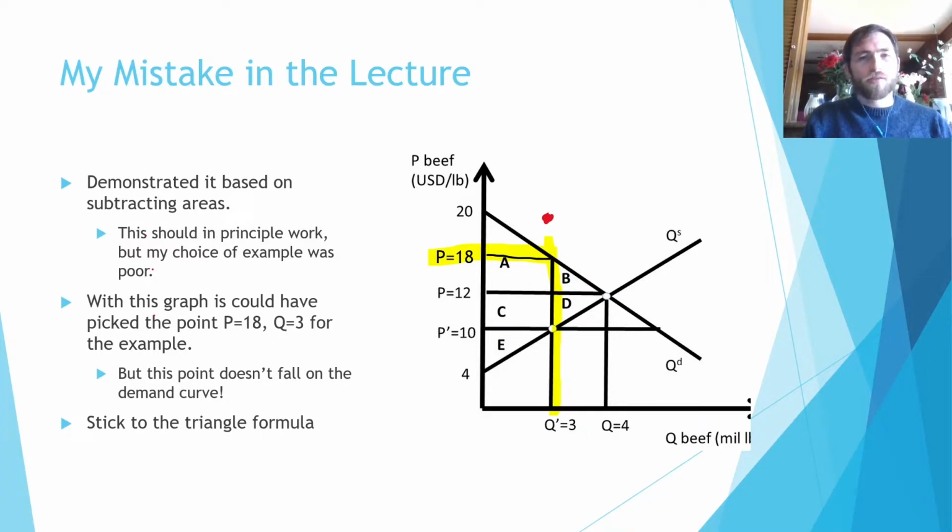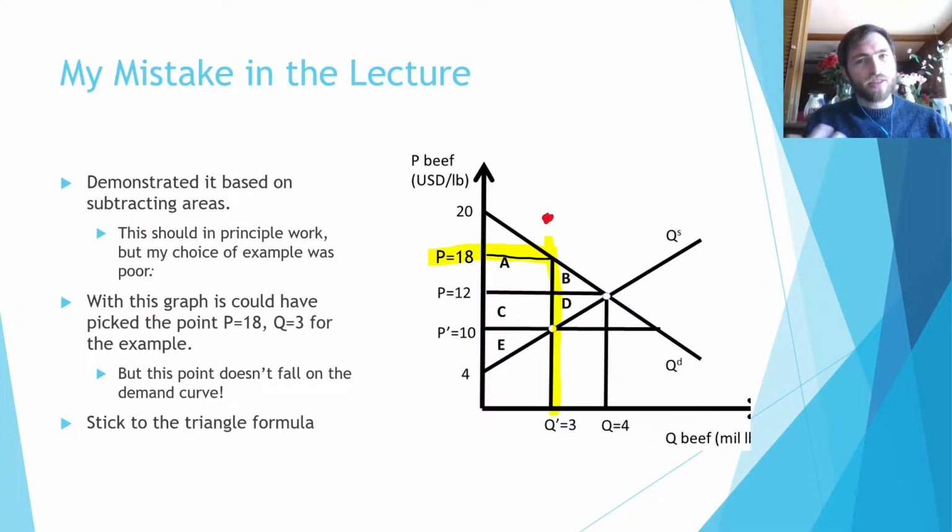That point, while I may have labeled it on the graph, doesn't geometrically fall on that straight line. And so because of that, the two approaches didn't end up giving the same answer because I had inadvertently picked a point that didn't lie on the line.